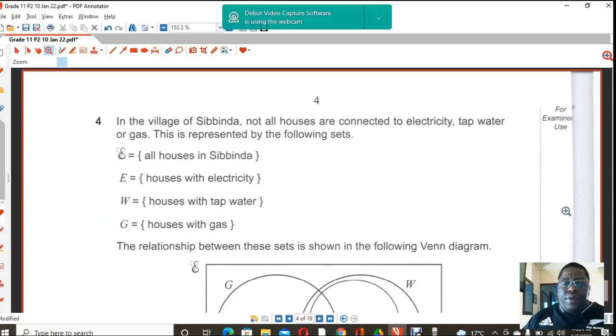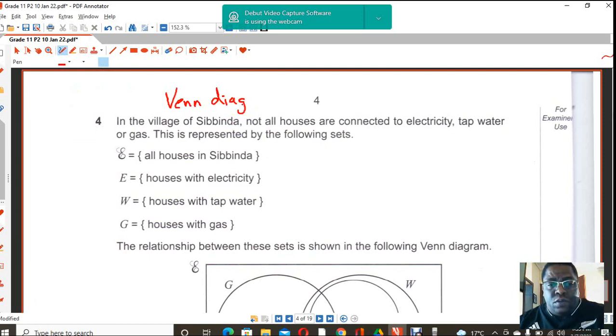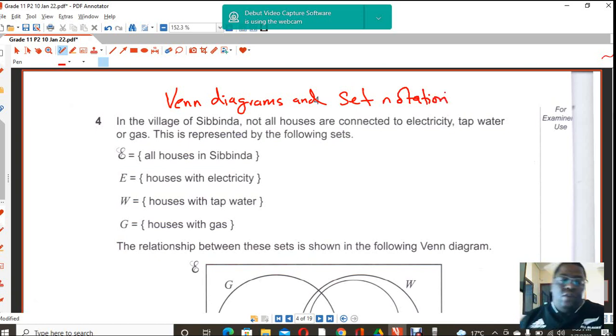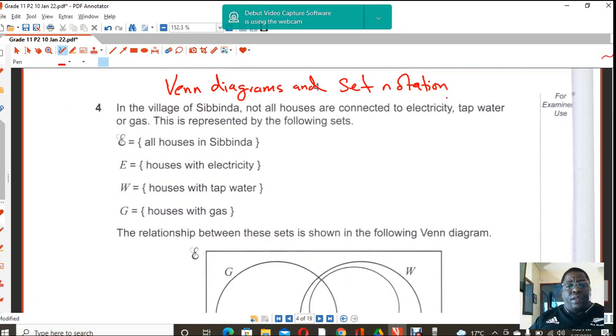We're good to go. All right, so you have got a question on Venn diagrams and set notation. So they're giving you information here. They say, in the village of Sibinda, not all houses are connected to electricity, tap water, or gas.